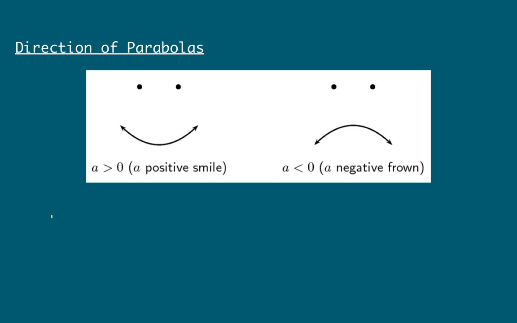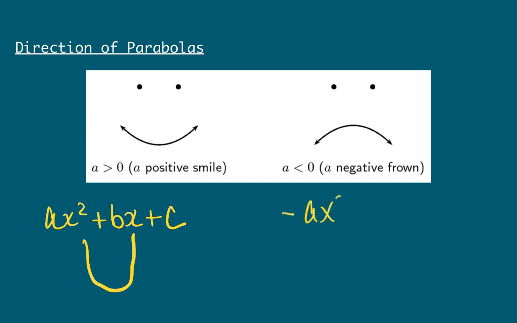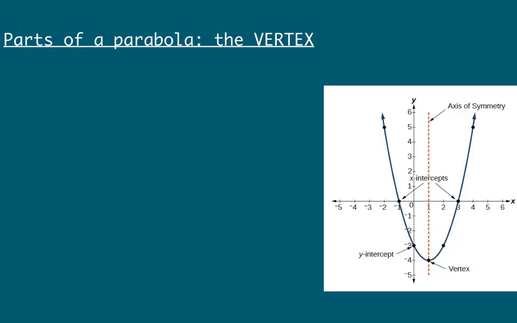If we have ax squared plus bx plus c, our parabola will look like this on the graph. If we have negative ax squared plus bx plus c, then our graph will look like this. And we will have a highest point on our parabola, and on this one we will have a lowest point on our parabola.